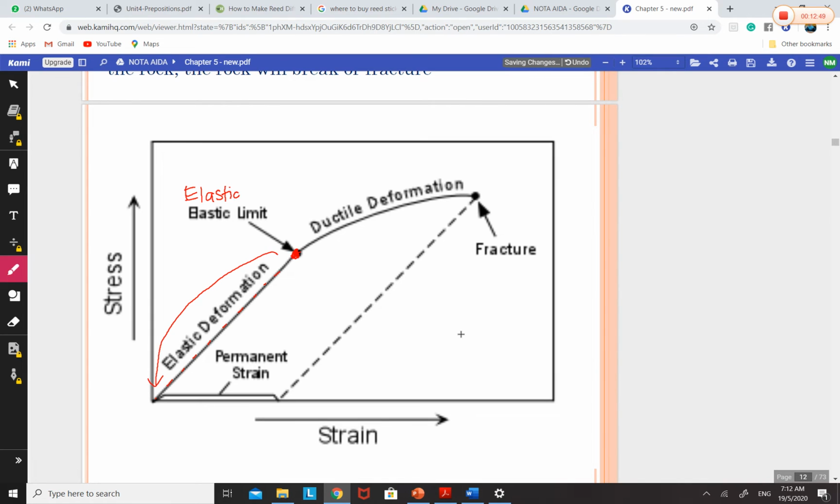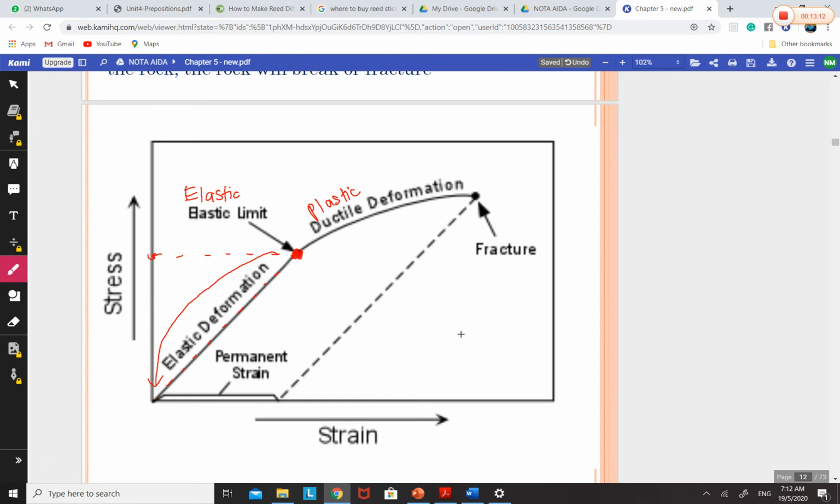That is elastic. But if you apply stress more than this point, it will start ductility. Dia akan mula masuk ductile deformation, ductile ataupun plastic deformation.